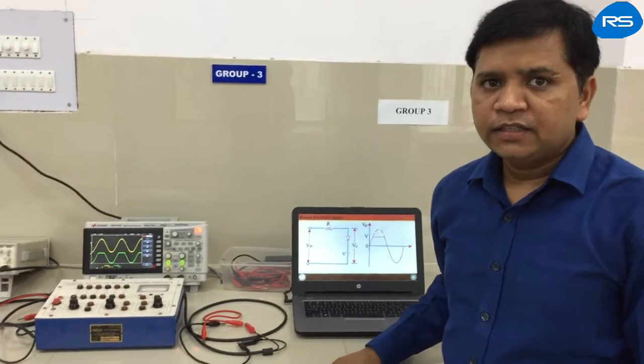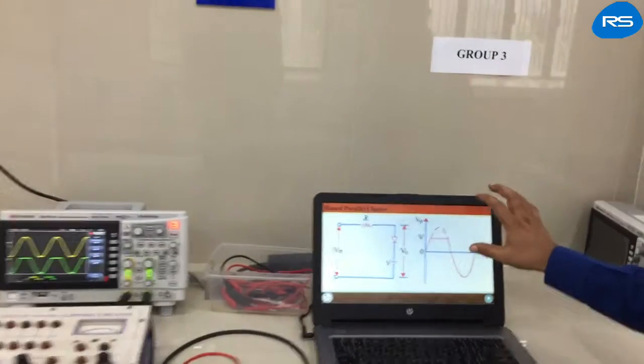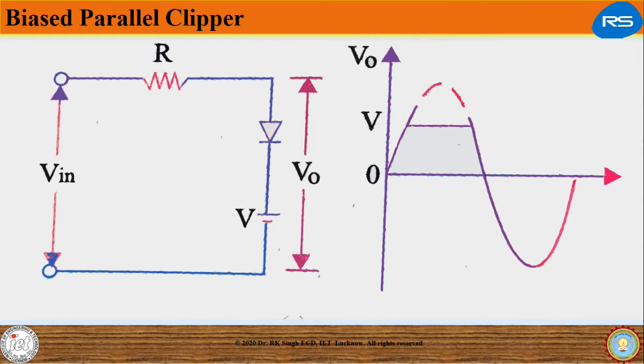Now we have another variant of biased parallel clipper circuit. Here we have a combination of resistance, diode and a DC supply connected like this. In this circuit, in the positive half cycle, when Vin is less than this DC power supply V, this diode is in off condition due to reverse bias, so we get output as per the input.